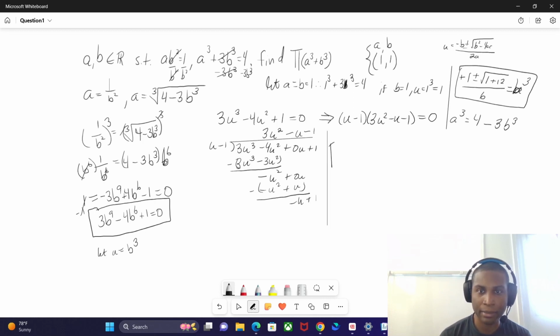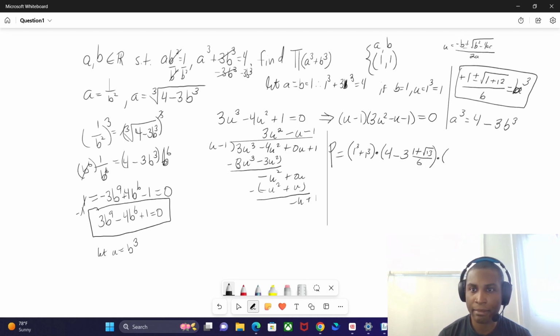Let's say p is equal to our first possible values of a and b, times the next possible sum of a cubed and b cubed, and then we multiply that by the other possible values of b cubed and a cubed, substituting in this negative, and we're going to solve that. For the sake of time, when we multiply all of these, you're going to get 24, and that's your solution.